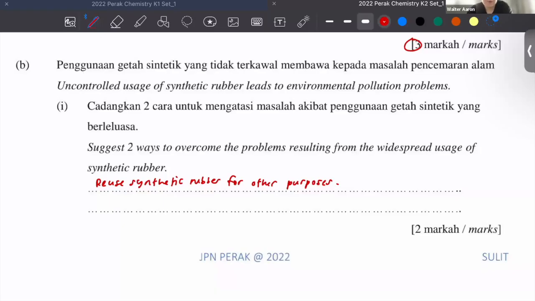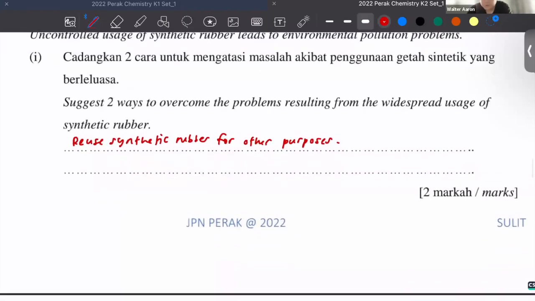And another one, you can also say to ensure that the synthetic rubber is disposed of properly, have law enforcement, for example.